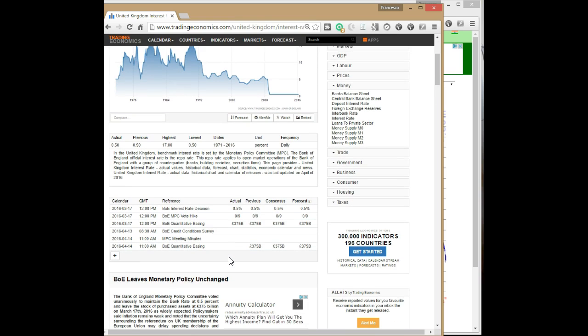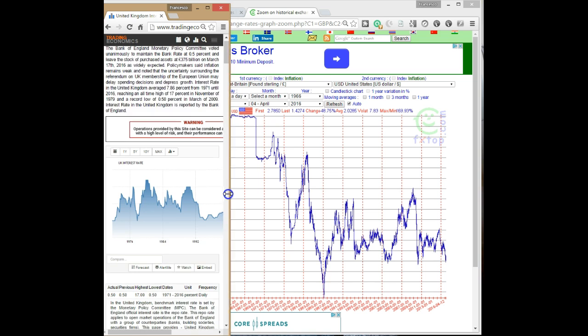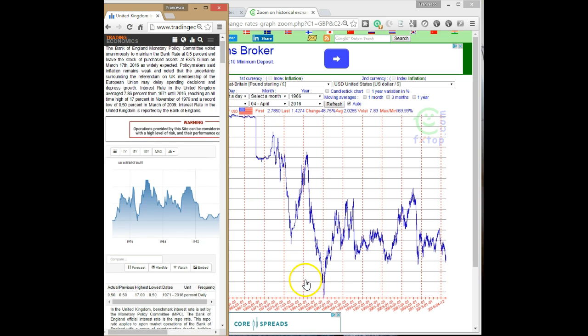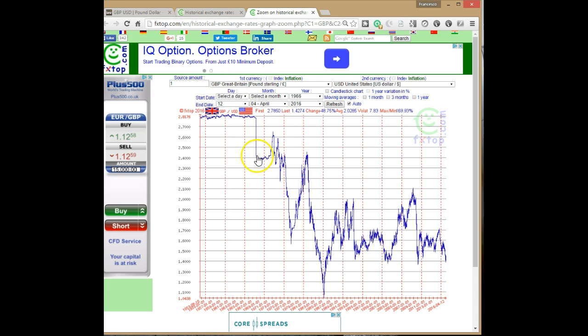So from that point of view, you can see how the high interest rate here was mirrored by the high value of the pound back here. In 1977 we're at levels of roughly 2.4, and we came back to it in 1981, 82, 2.4, 2.45, and we've not been back there since.